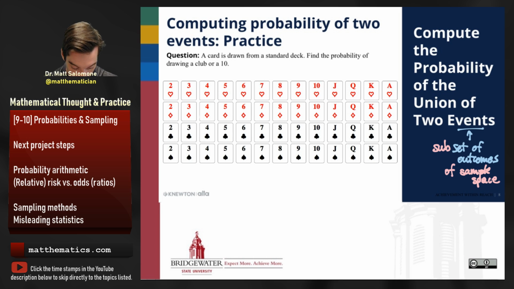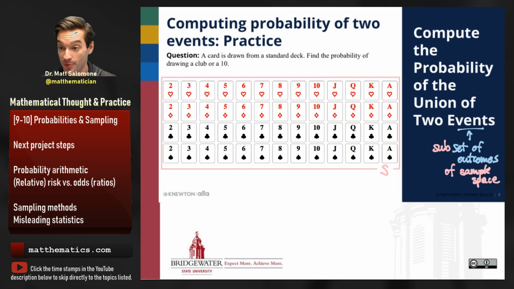These are the 52 possible outcomes that we can expect for this probability experiment. So I'm just going to write S here to label that as my sample space. And they want to know, what is the probability that the card that I draw is either a club or a 10? So that's defining 2 different events for me.